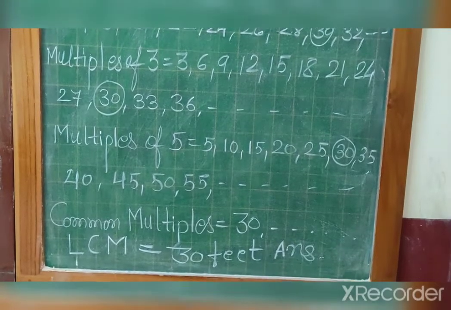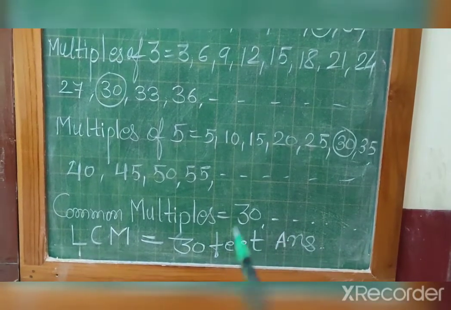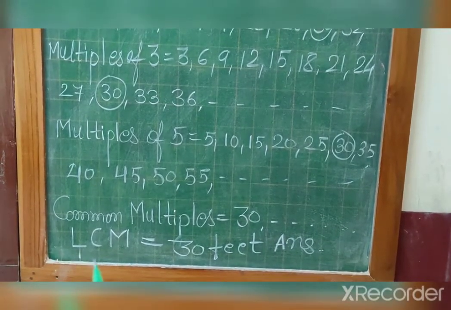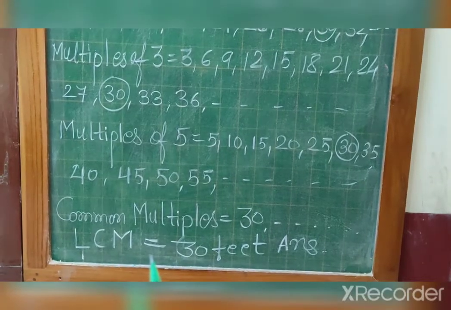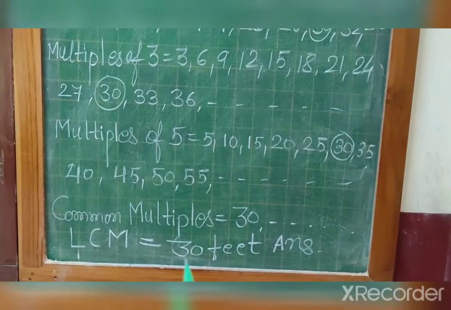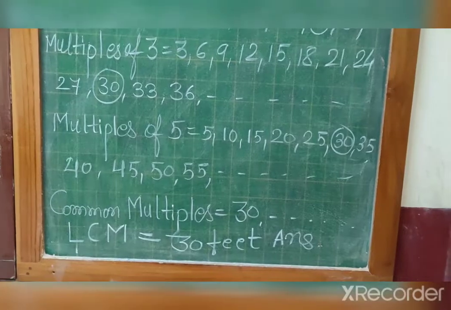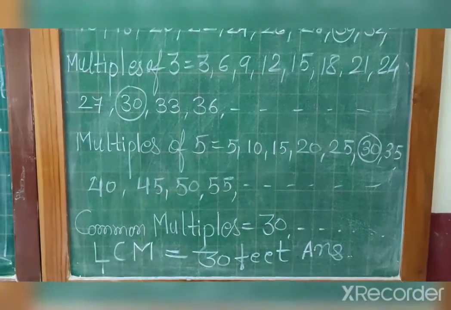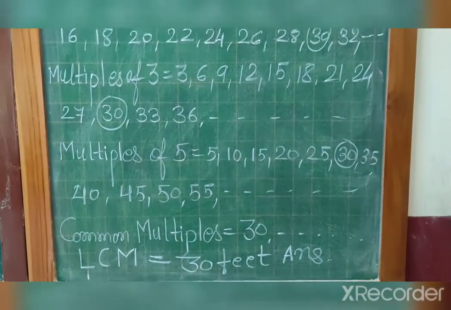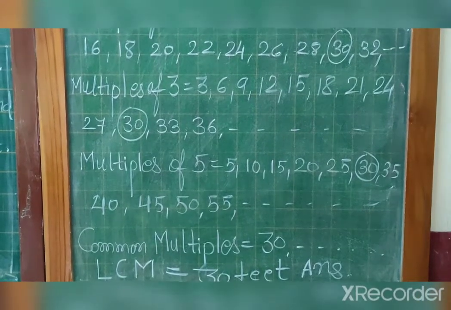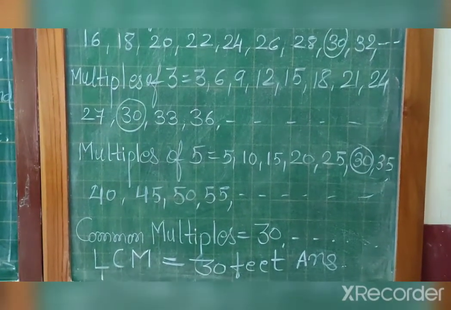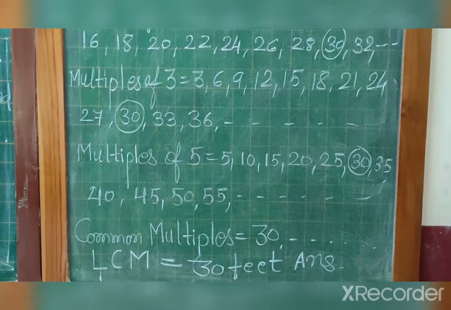So 30 is the first number, so the LCM, that means the lowest common multiple, is equal to 30. So the LCM is 30 feet. That's why, in statement form, we can write: the length of the shortest path is 30 feet. Okay.